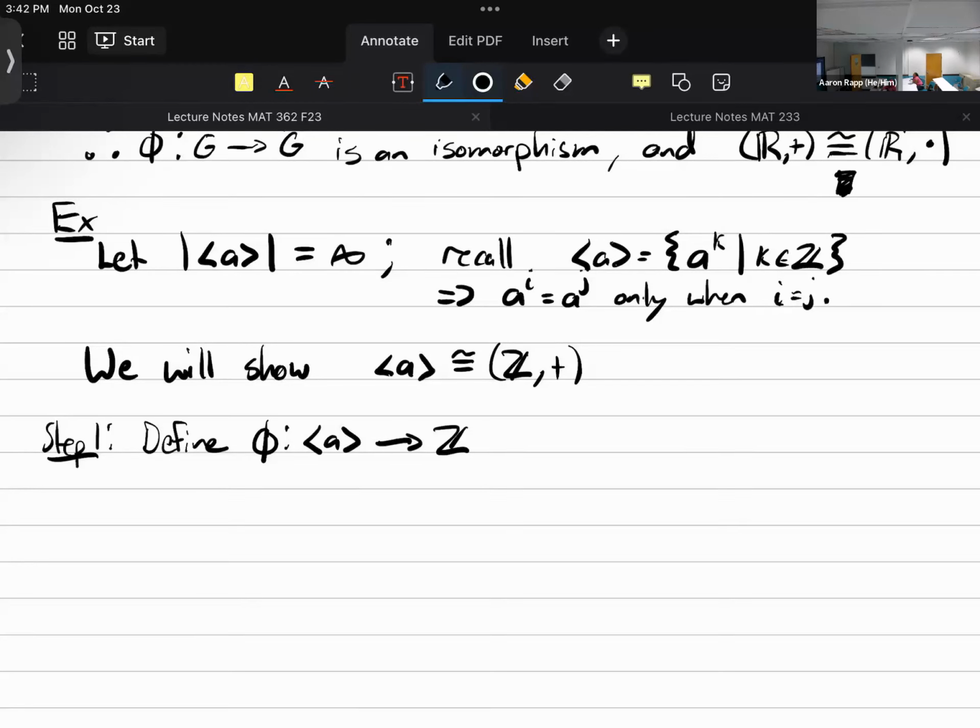So I could just be a little cheeky and say, all right, well, since anything in that cyclic group is A raised to some integer K, I can just say the mapping takes whatever that exponent is. So I'm taking elements from that cyclic group and turning them into integers. So now what's my goal? What are the three things I need to prove once I've defined a candidate for an isomorphism?